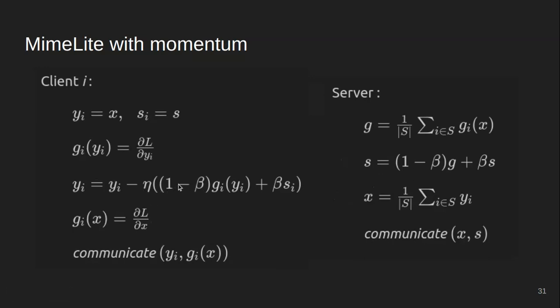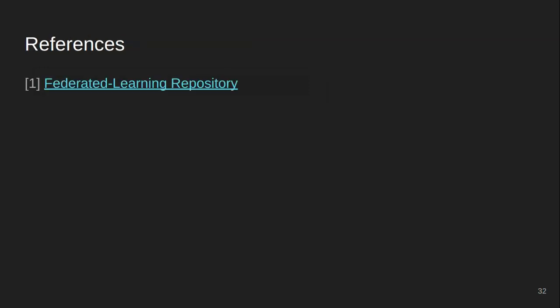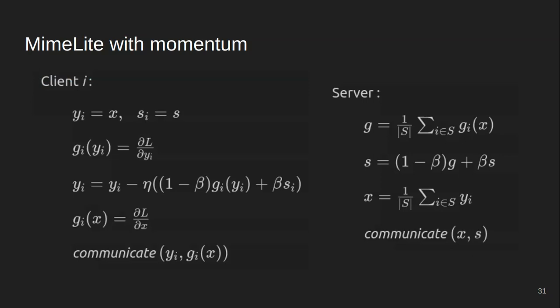The momentum is nothing but 1 minus beta times g_i plus beta times s_i, the gradient and the state. That's it for the momentum method. The server also has an update rule, which is 1 minus beta times g plus beta times s. I hope you are able to understand all these equations.